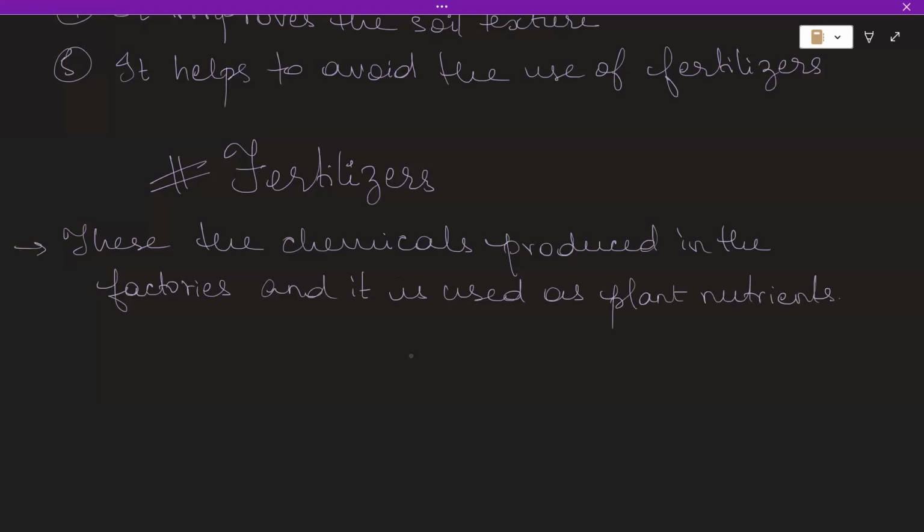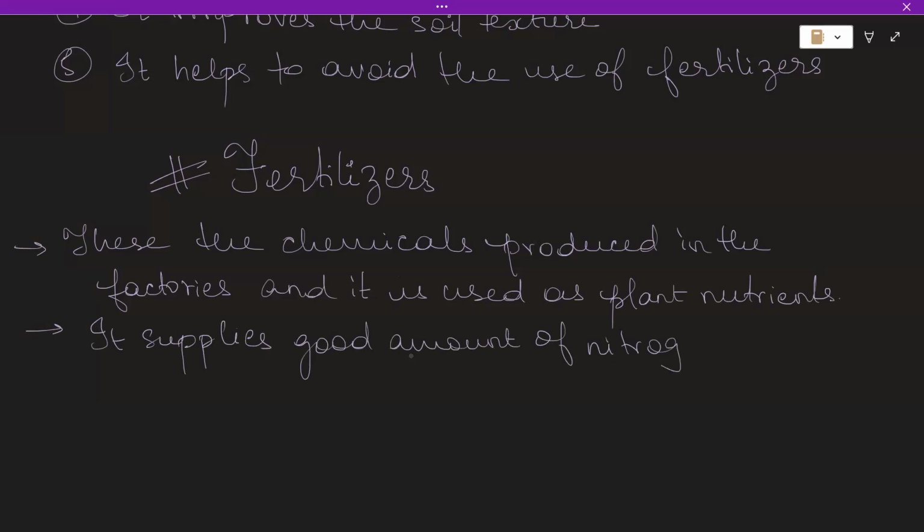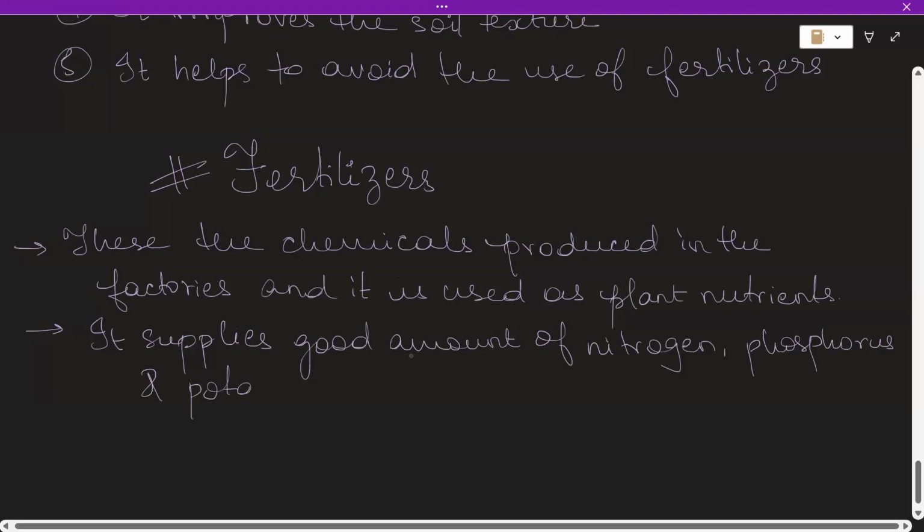Now, what does it supply? It supplies nitrogen, phosphorus, potassium to the plant, a good amount of nitrogen, phosphorus, all the essential nutrients that the plant might need. So, all of these are mentioned right in front of you.